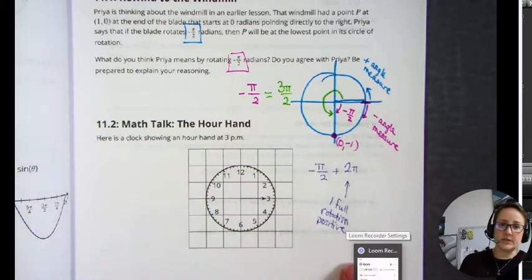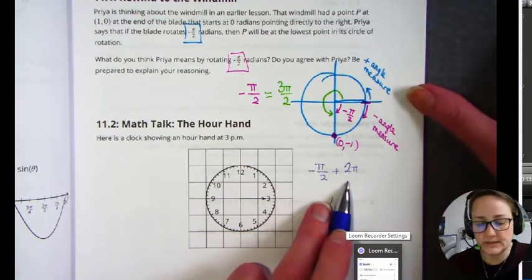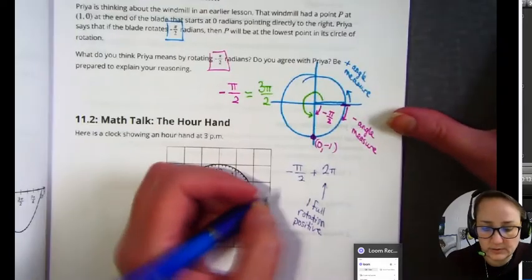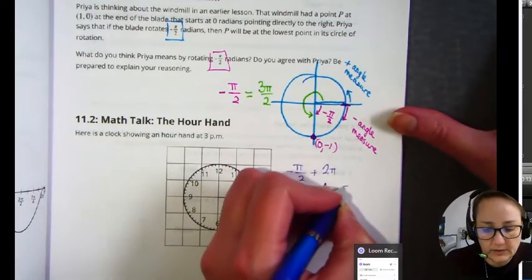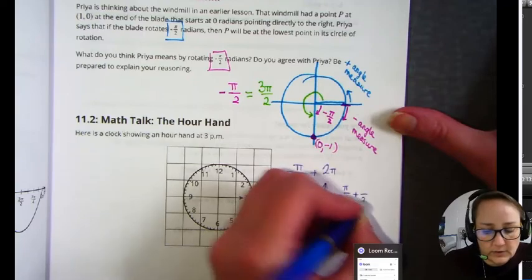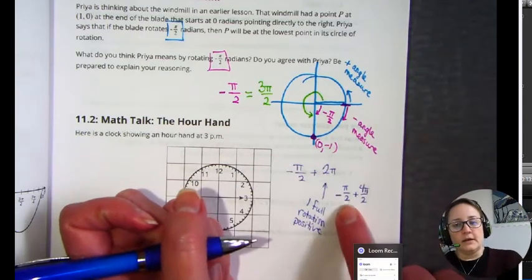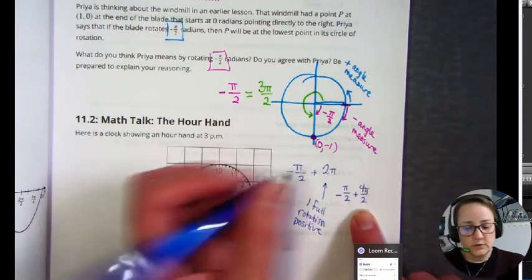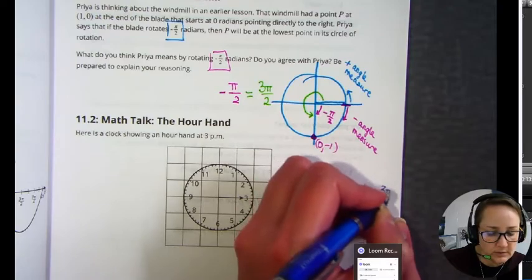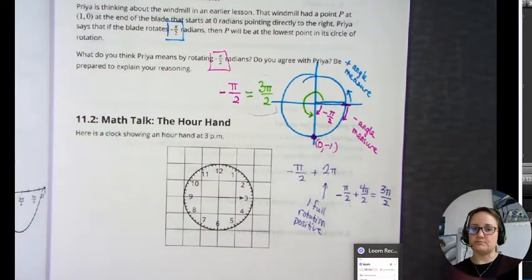Adding these guys together, well, let's see, I need a common denominator before I can add fractions. So I have a negative pi over 2 plus I need something over 2. That would be 4 pi over 2. Negative 1 pi over 2, 4 positive pi's over 2 leaves me with 3 pi over 2. Perfect match.